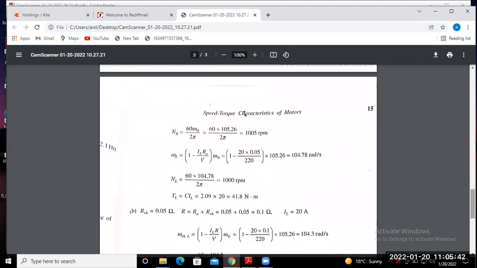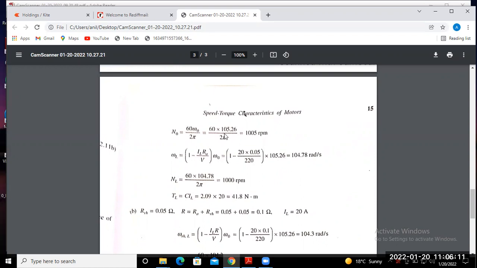Now this angular speed is converted into revolutions per minute by multiplying with the reverse, that means 60 omega 0 divided by 2 pi. So 60 into the value of omega 0, that is 105.26, by 2 pi.